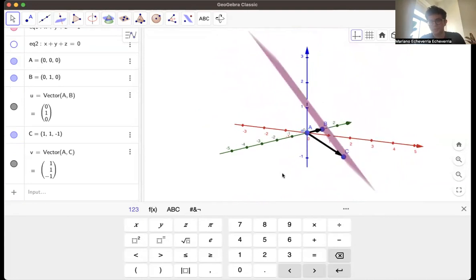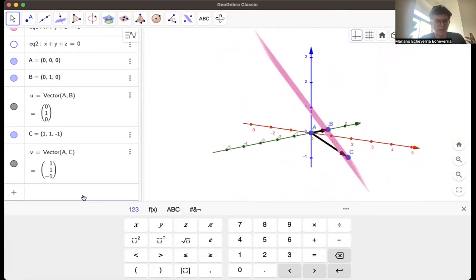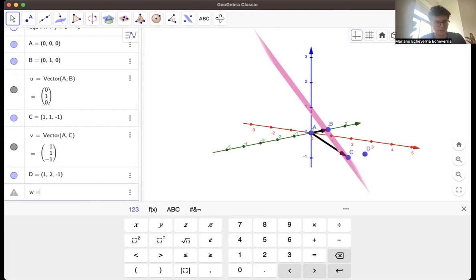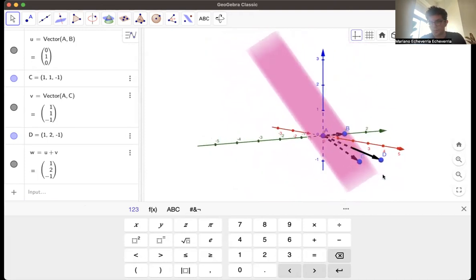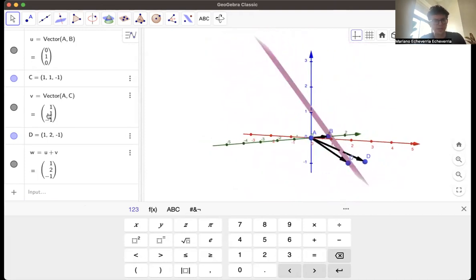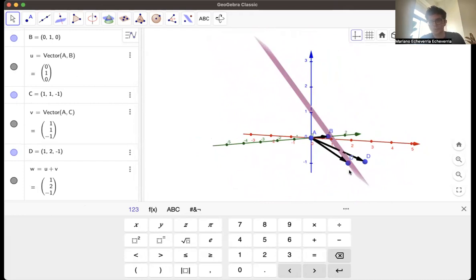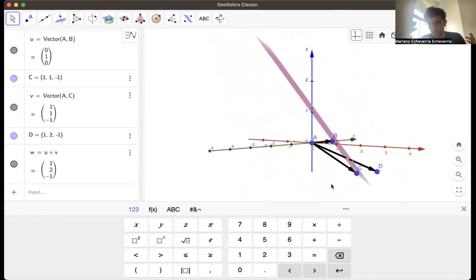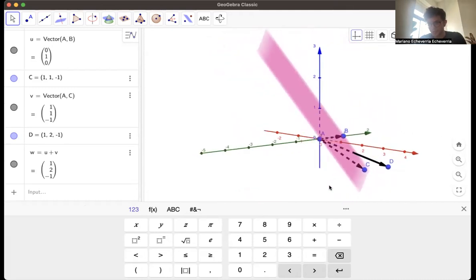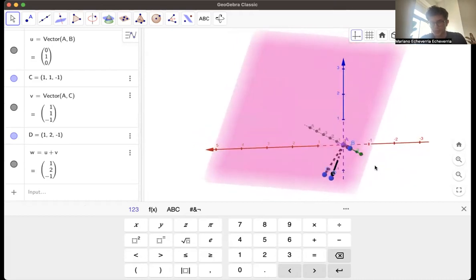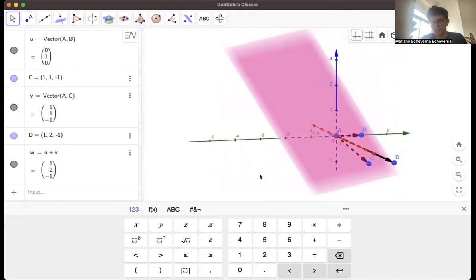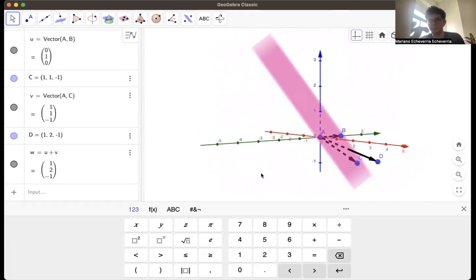So you have these two vectors that terminate at the plane, and then you have this other one, 1, 2, -1, with W, which is U plus V. If you do U plus V, which is adding up these two black vectors to get the other one, you see that only two end up being on the plane, and the third one, which is the sum, takes you out of the plane.